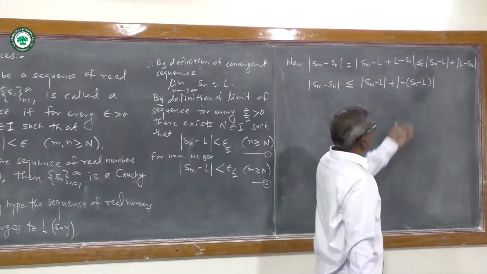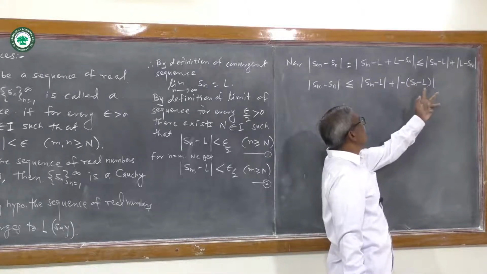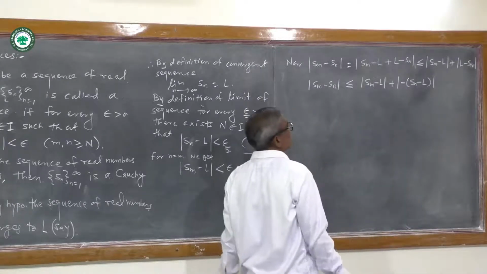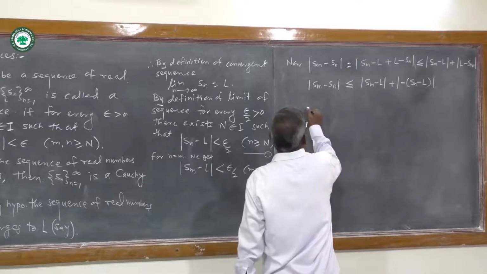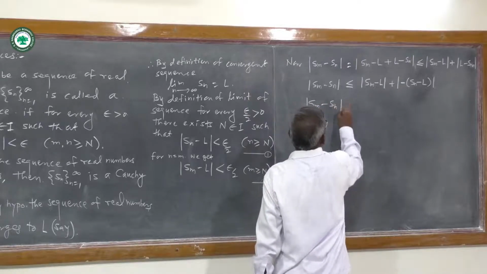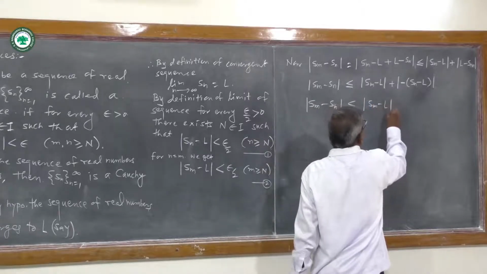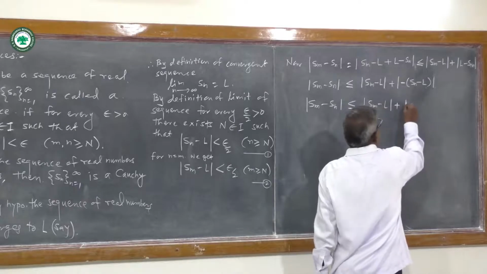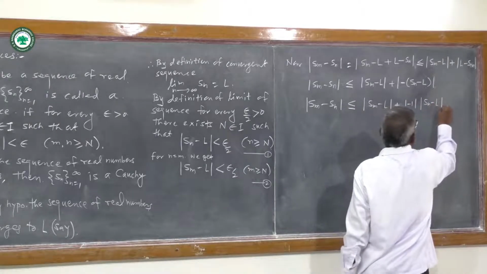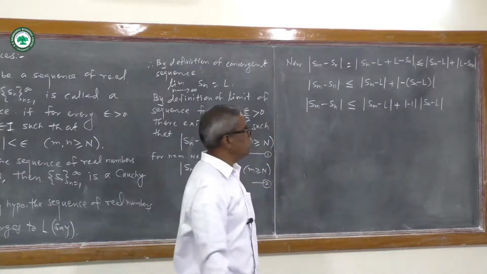Taking minus sign as common, we write minus into bracket S_n minus L. And this term can be written using mod of AB is equal to mod A into mod B, that is mod of minus 1 into mod of S_n minus L. Again, mod minus 1 is equal to plus 1.